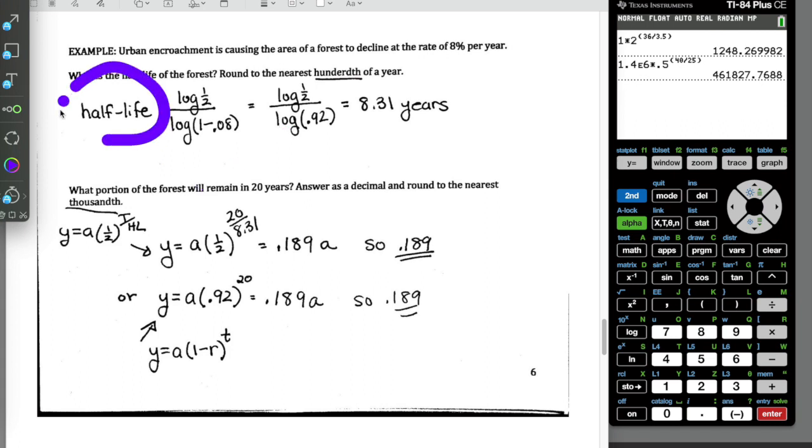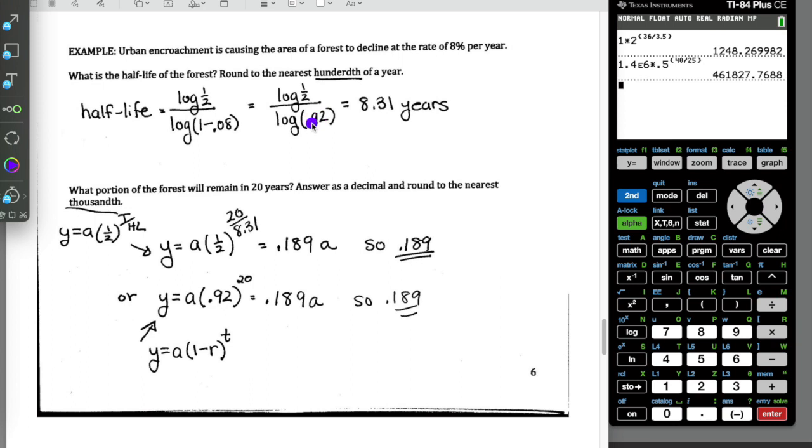So we need to find the half-life, so we take the log of 1/2 divided by the log of 1 minus r. Now remember, r is the rate in decimal form. So 8% as a decimal is 0.08. So when we clean this up a little bit, we're going to take the log of a half and divide by the log of 0.92.